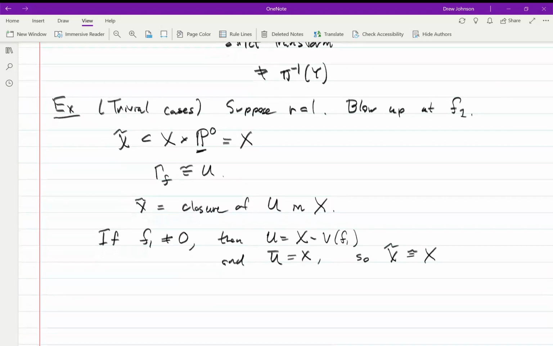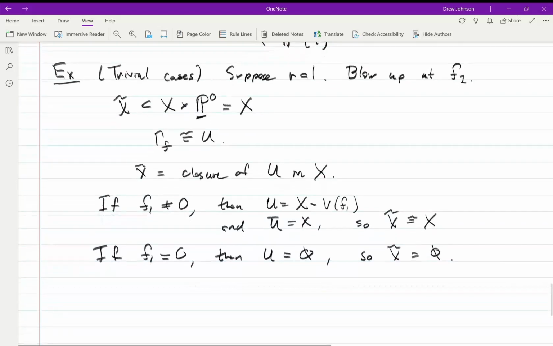Nothing interesting happened. If f1 is actually the 0 function, then u, the places where the function doesn't vanish, is just the empty set. So x tilde is just the empty set. Also not interesting. It all makes sense, but in order to get interesting examples, we need r bigger than 1.